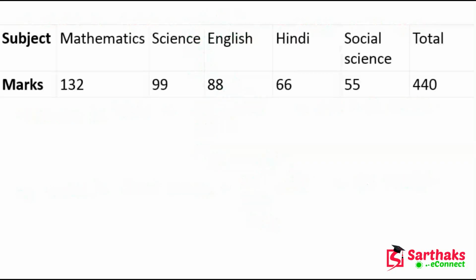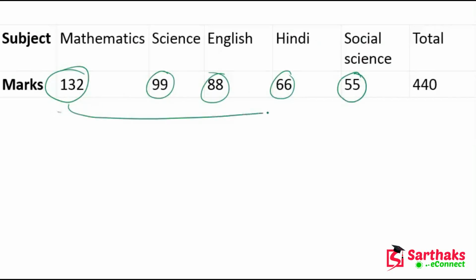So here you can see that in mathematics it has 132 marks. In science it is 99. In English it is 88. In Hindi it is 66. And in social science it is 55. If we add these marks, if this is equal to 440, then we can say that our solution is correct.